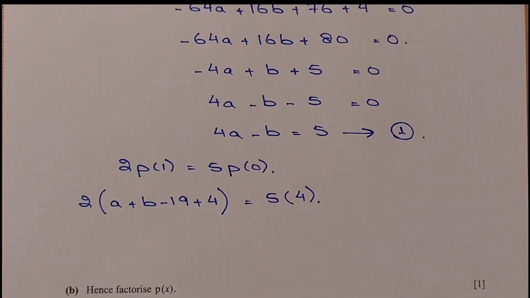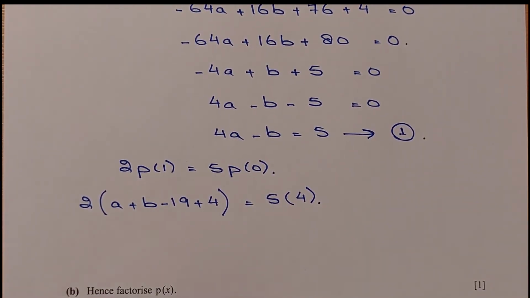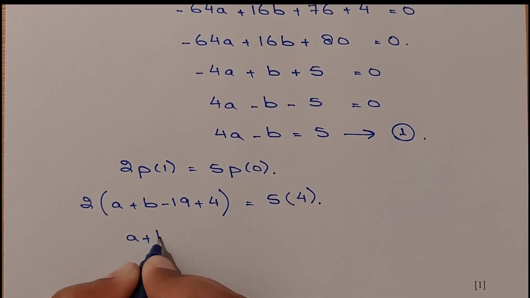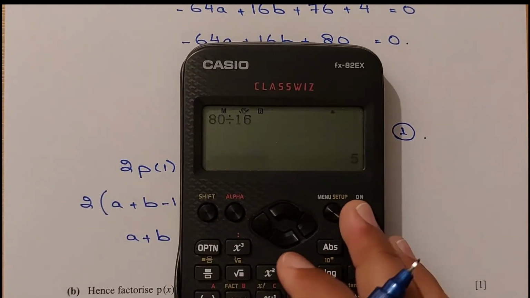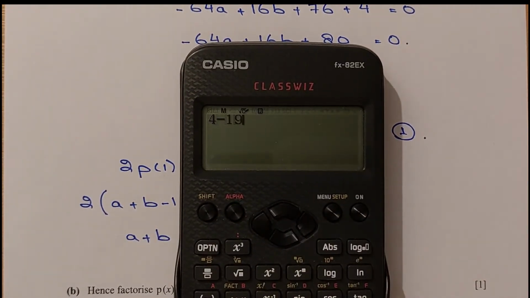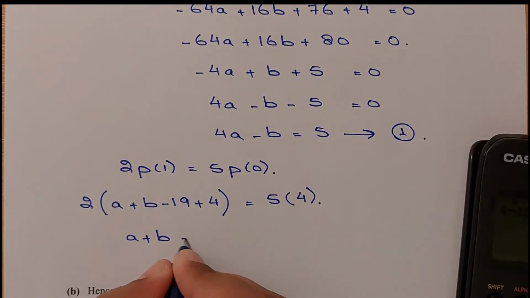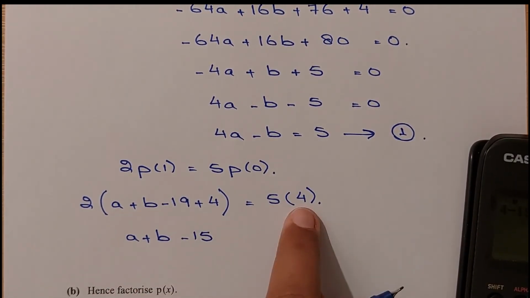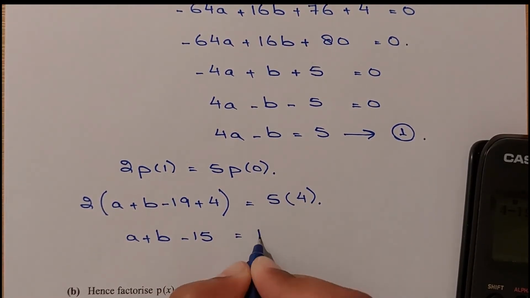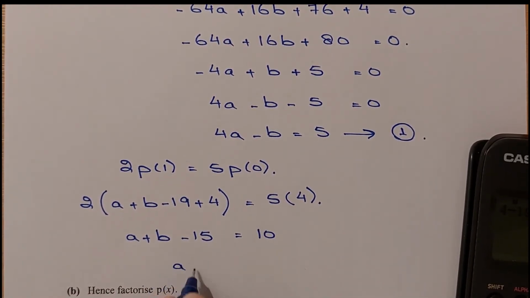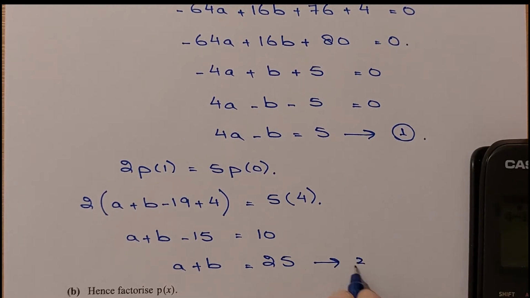So here we have a plus b. What is 4 minus 19? 4 minus 19 is minus 15. 4 times 5 is 20, and 20 divided by 2 is 10. And a plus b equals 10 plus 15, which is 25. That is my second equation.